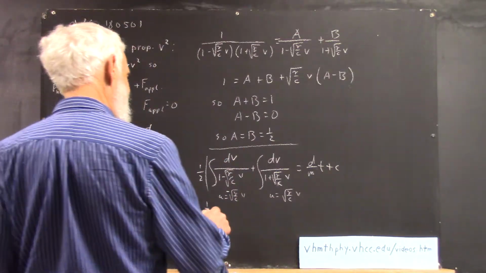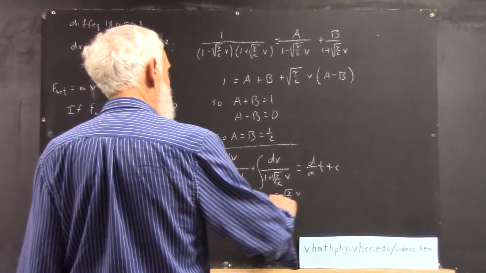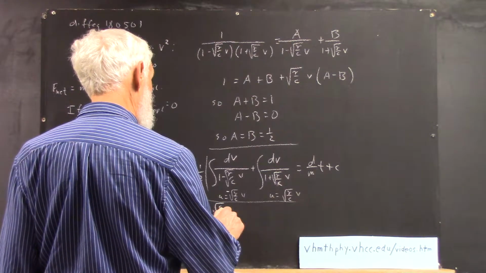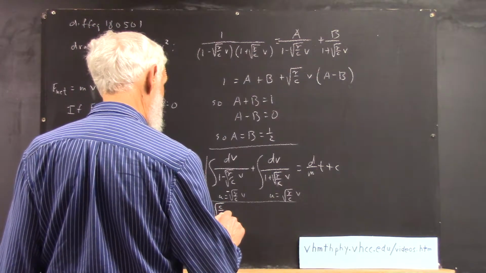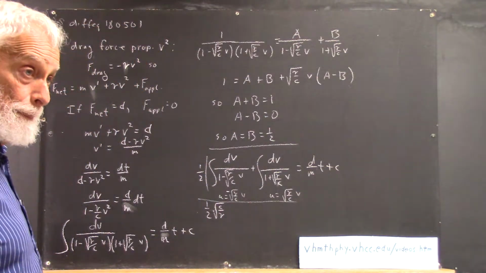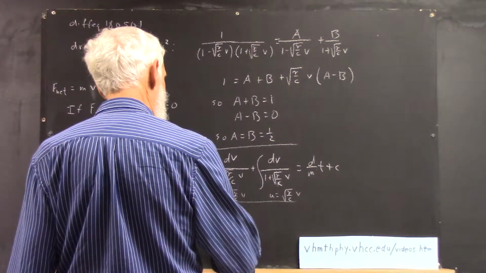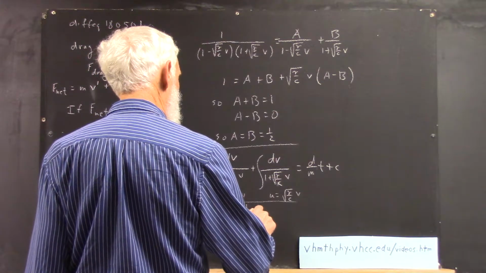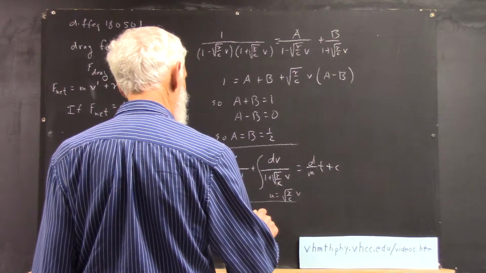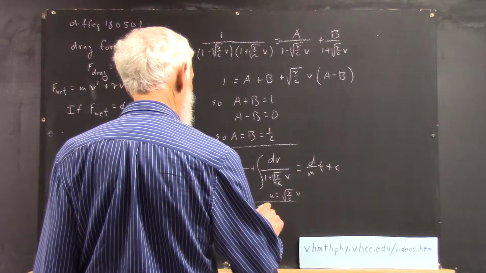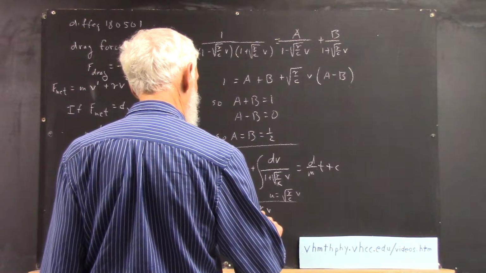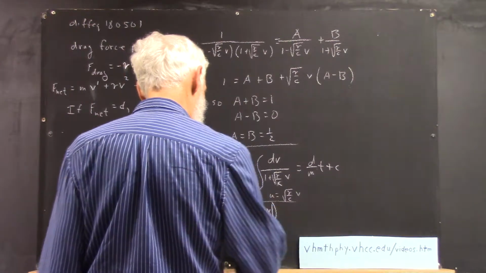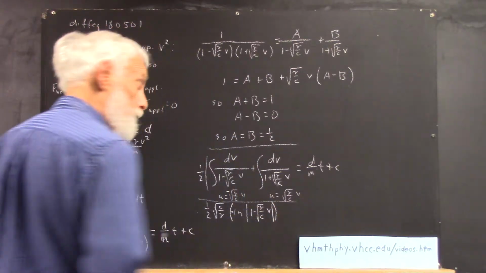So, skipping a lot of stuff, and hopefully skipping it correctly, we're going to have a C over gamma, right? And then it's going to be times the natural log of the absolute value of 1 minus the square root of gamma over C times V, except it's going to be a negative natural log.